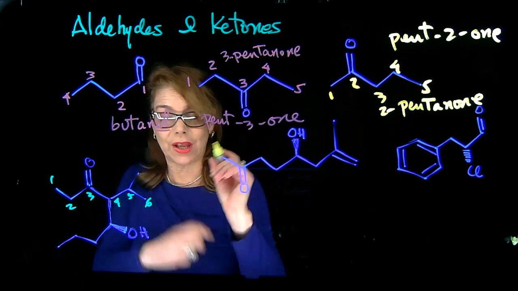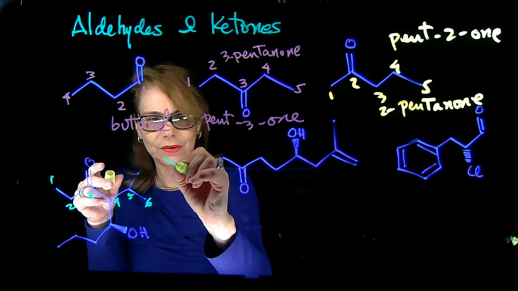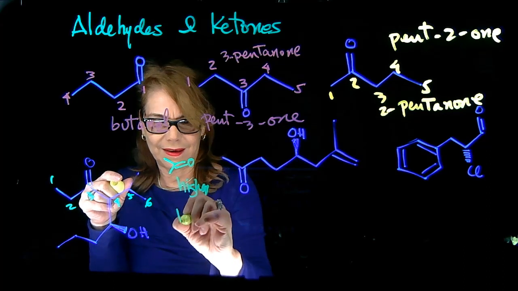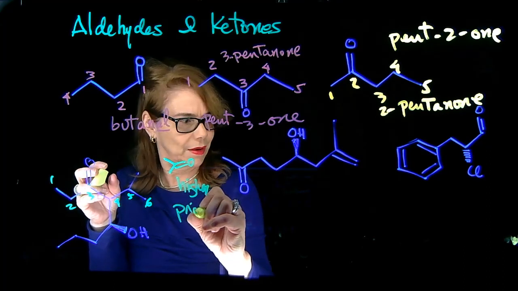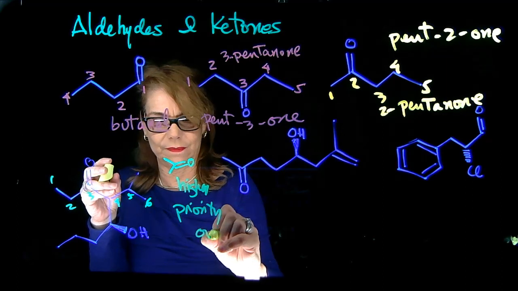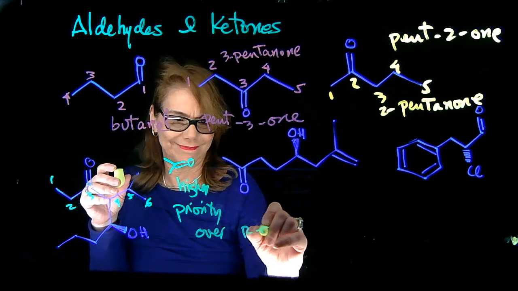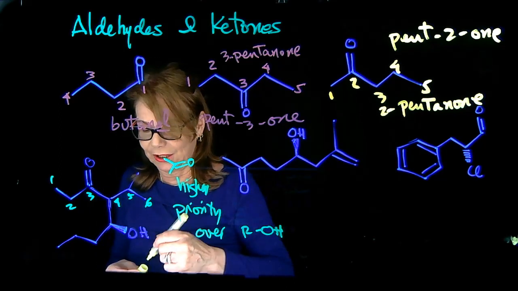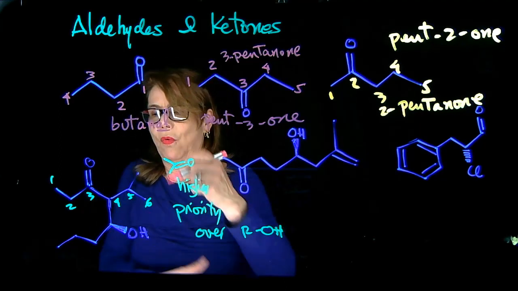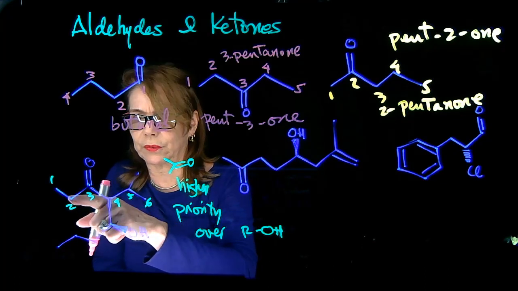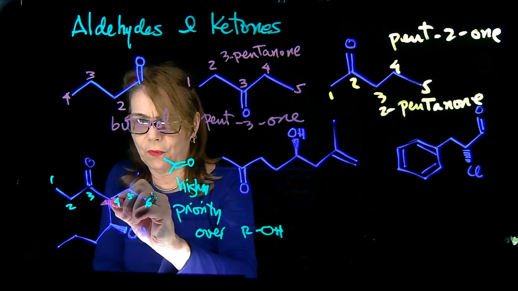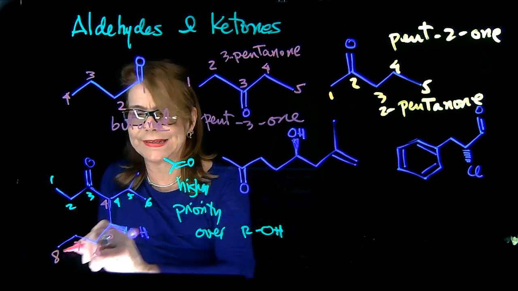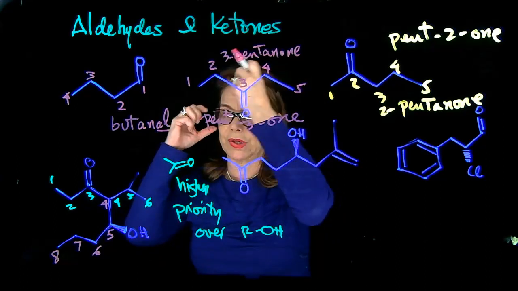So I need to choose, having said that the ketone is higher priority over the alcohol, and then this chain is not the longest. The longest will be one that contains the main functional group. So 1, 2, 3, 4, and I'm going down 5, 6, 7, and 8. So that's my parent chain.